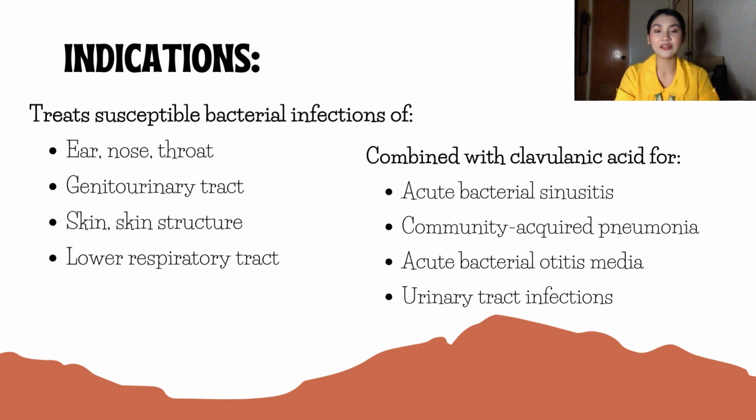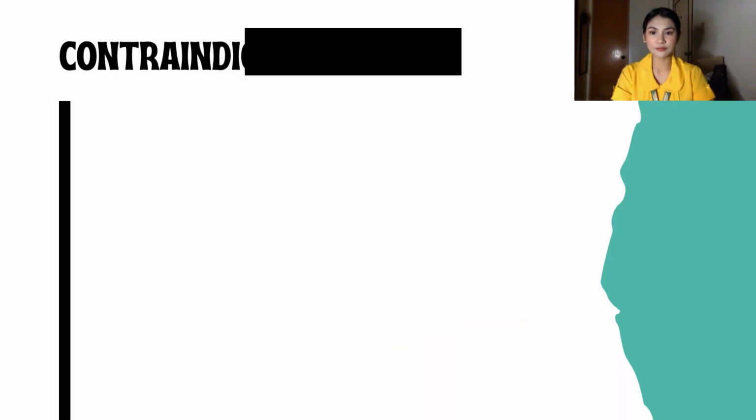When we take antibiotics with clavulanic acid, it's like giving the antibiotics a backup to help them fight off the bacteria more effectively. When clavulanic acid and amoxicillin are combined, they are used to treat acute bacterial sinusitis, community acquired pneumonia or CAP, acute bacterial otitis media, and urinary tract infections.